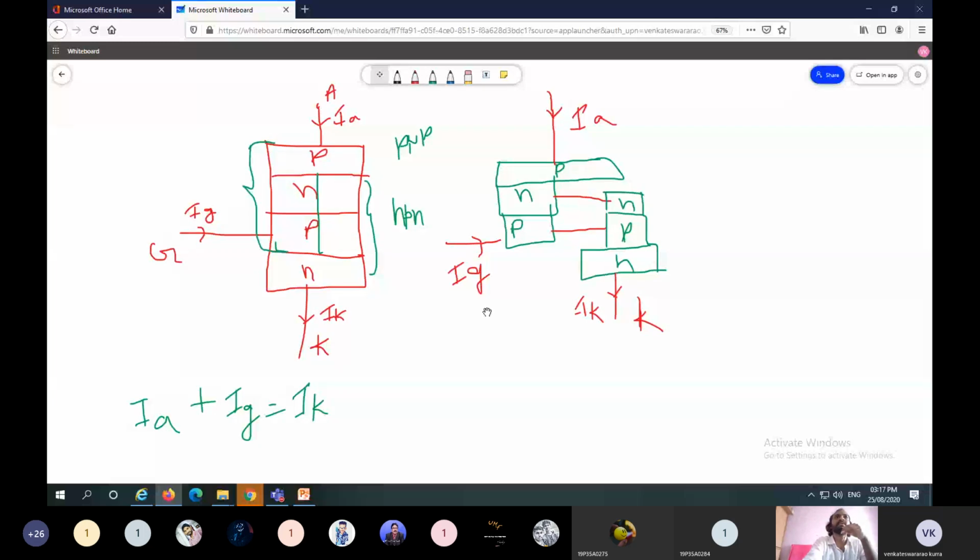So here it is a PNP transistor and it is an NPN transistor. All of you know very well about transistors. The symbol of the PNP transistor is like this. This one is the PNP transistor, and this one is the NPN transistor.